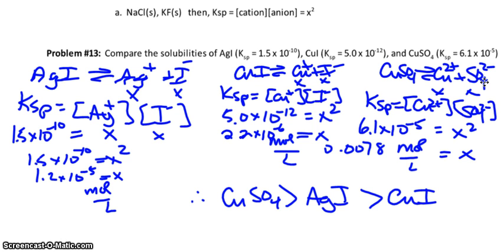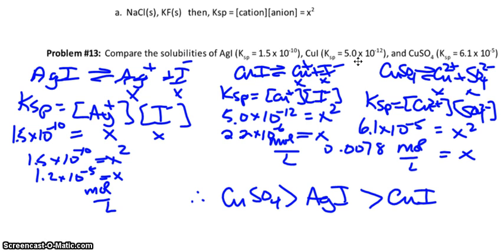So in the case of these 3 problems, your KSPs are in the exact same order as your solubilities. Looking up here, the KSP for copper sulfate is the largest, then silver iodide, then copper 1 iodide. Only because your coefficients are the same can you make this comparison of KSPs and solubilities.